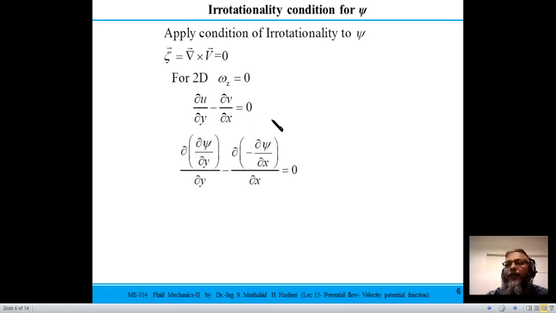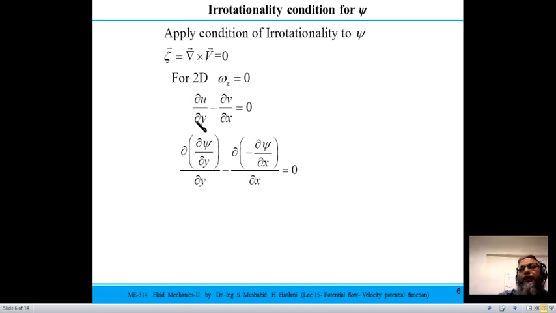Now let's see my continuity equation. What I have done is, in this irrotationality criterion, I have substituted u. What is u in terms of the stream function? If you differentiate the stream function with respect to y, you get the u component of the velocity.